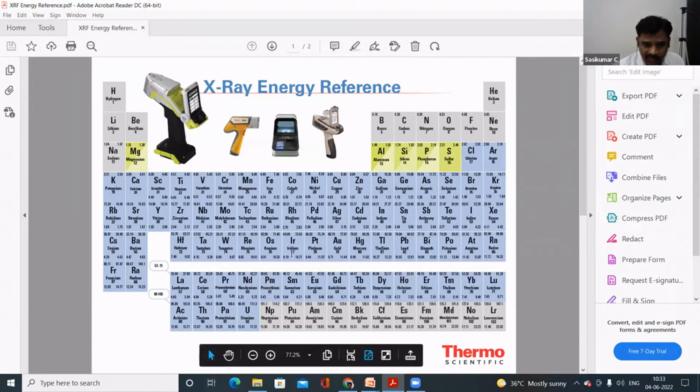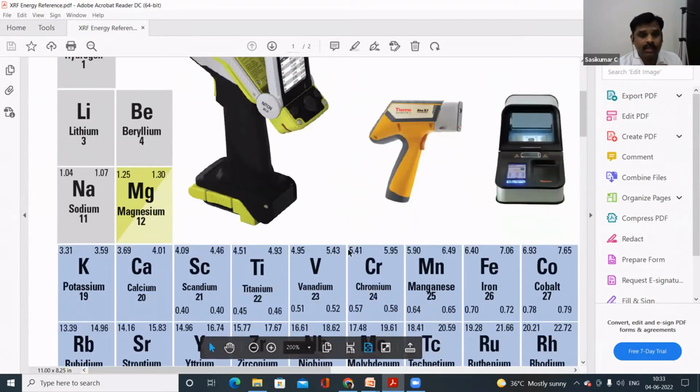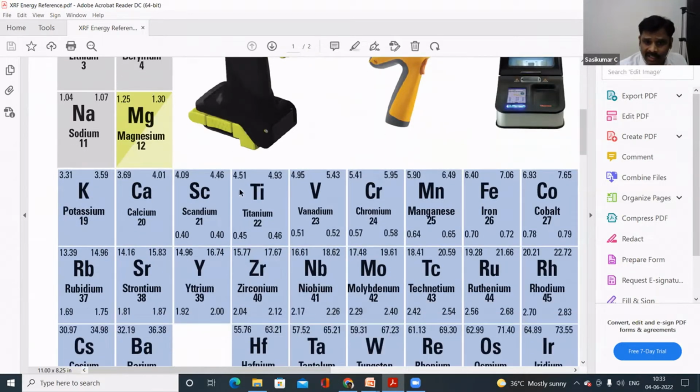For example, let us take titanium and magnify it so you can see clearly. Around titanium you can see 4.51, 4.93, 0.45 and 0.46. These numbers are the energies of the X-rays emitted by titanium: the K alpha line, K beta line, L alpha and L beta lines.